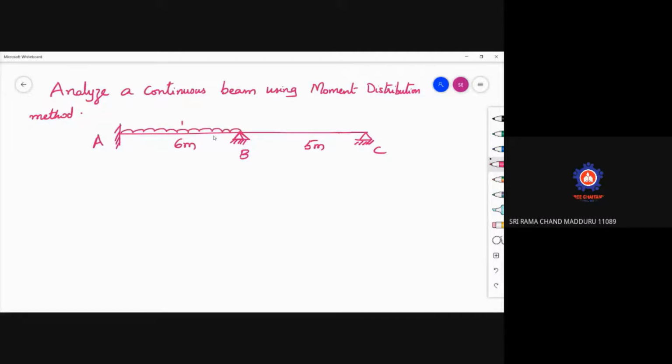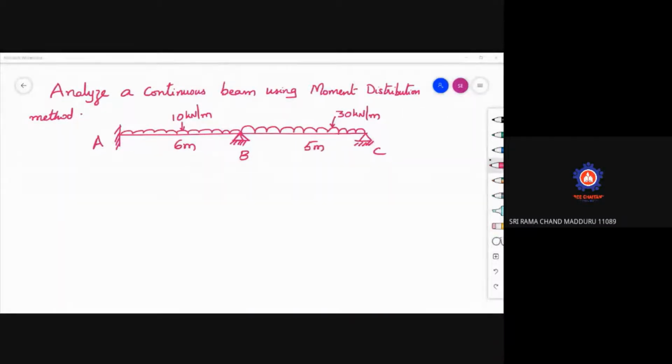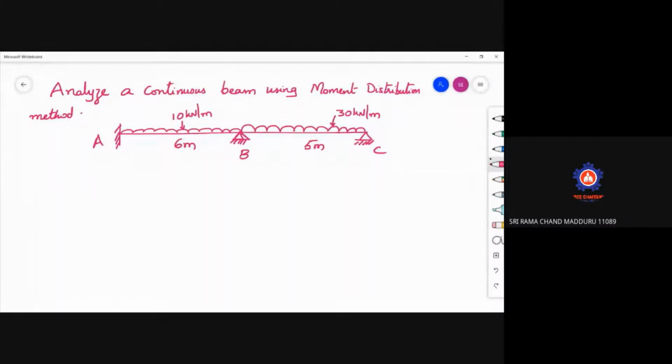The beam is loaded with a UDL of 10 kilonewton per meter for span AB and 30 kilonewton per meter for span BC. You can understand here support C is a hinged support, where the final end moment is equal to 0.